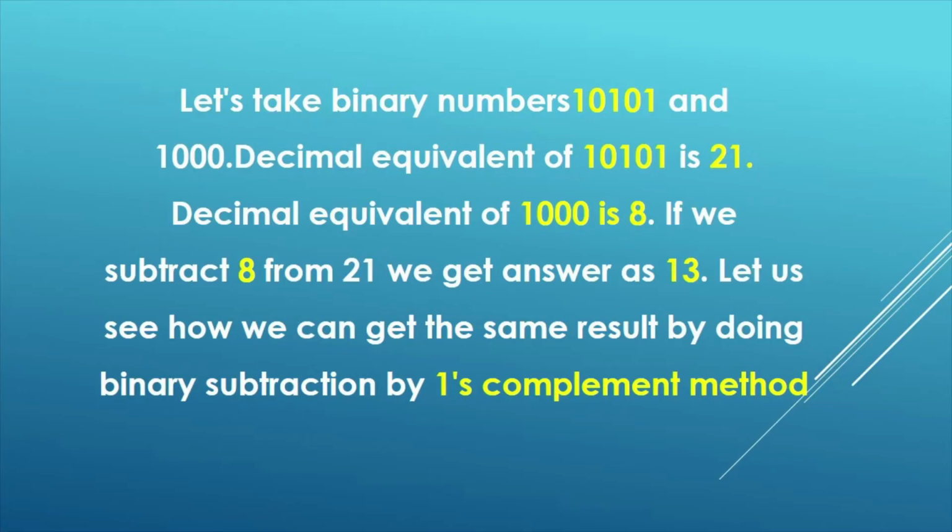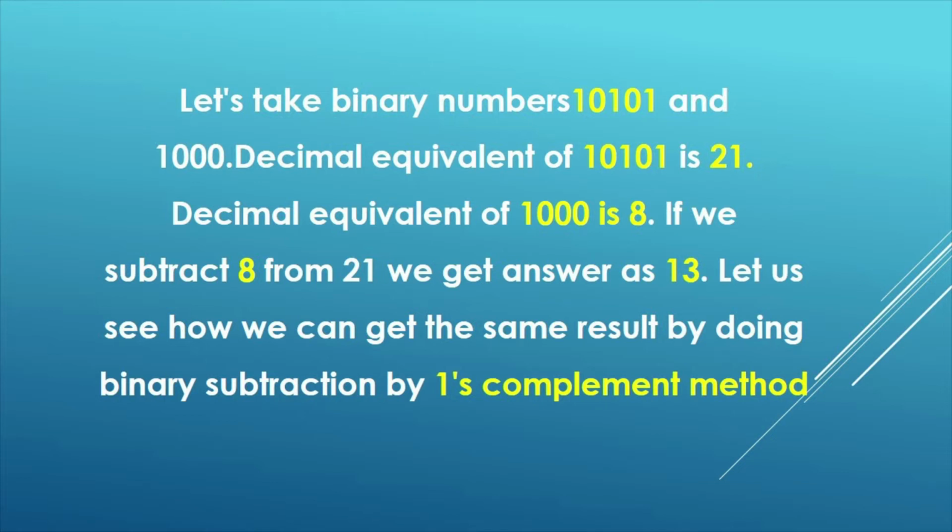The binary number 10101 is equivalent to 21 in the decimal number system, and the number 1000 is equivalent to 8. When we subtract 8 from 21, the result obtained must be 13. Now let us see how we can get the same result by subtracting the two binary numbers.